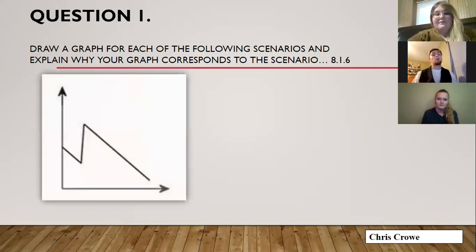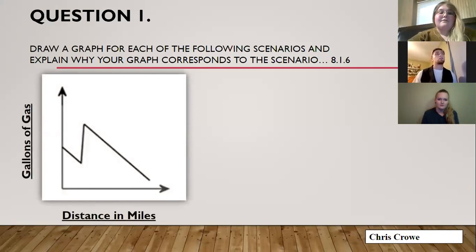The one you're about to see represents a car traveling X amount of miles while using up gas. Here the star represents the car. We have distance in miles as the x-axis, and gallons of gas as the y-axis. As the star travels a certain distance, the miles increase, but the gallons of gas decrease.